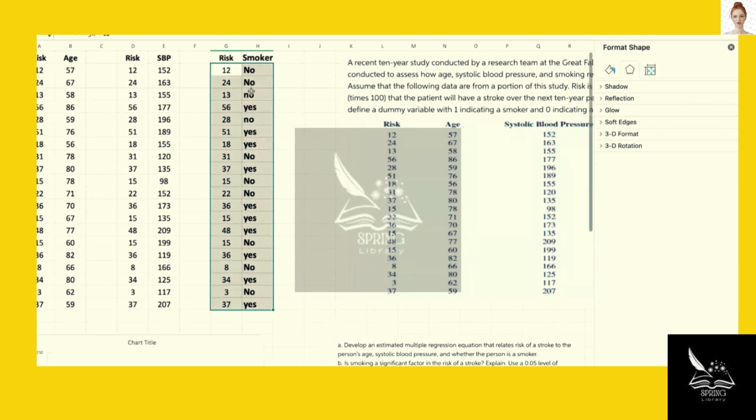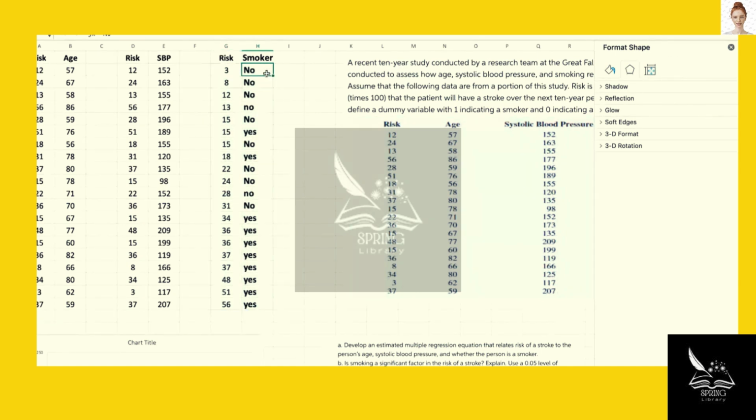But we can take a look and, you know what? Insert, and then I'm going to put these in order. I'm going to sort both of these from smallest to largest. And here we go.